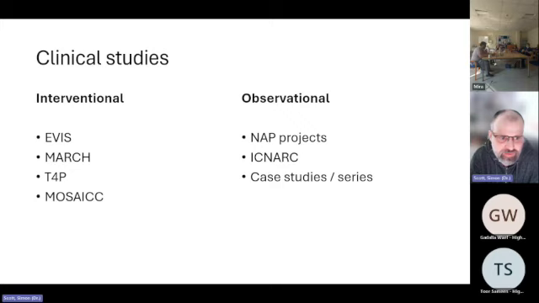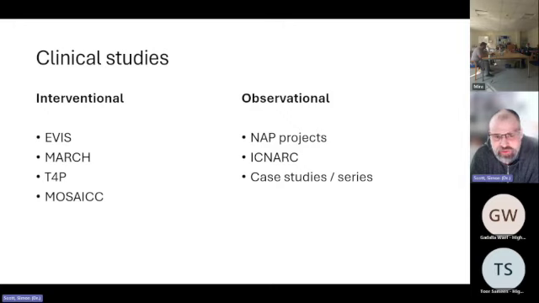If you're thinking of interventional trials, at the moment, certainly at the Royal, we're recruiting to these studies, EVIS, March, T4P, and Mosaic, all of which are interventions, which are protocolized with varying degrees of blinding, and they're designed to look at whether an intervention is better than an alternative in a prospective way.